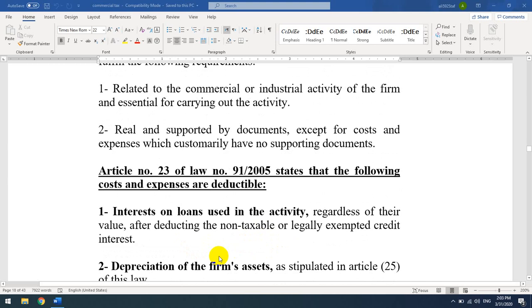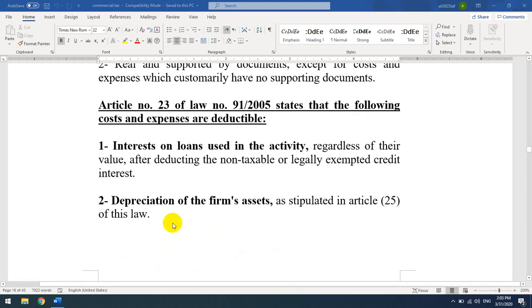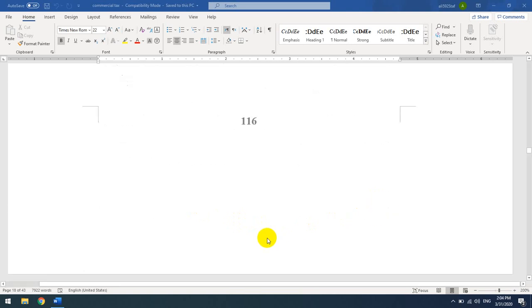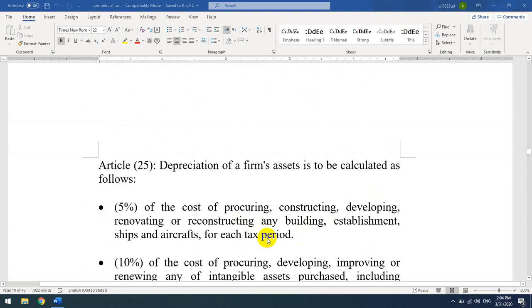These items include interest on loans and depreciation of the firm's assets, the firm's fixed assets, according to article number 25 of the tax law. Fixed assets of any organization have to be divided into 4 categories, 4 groups.